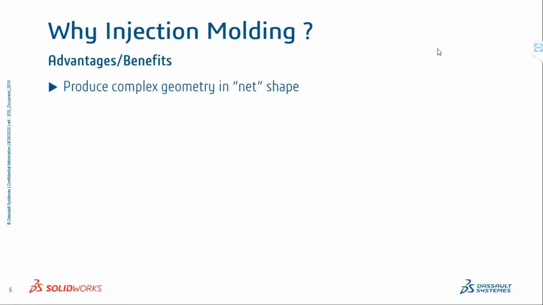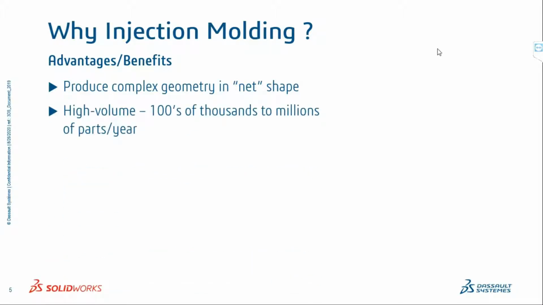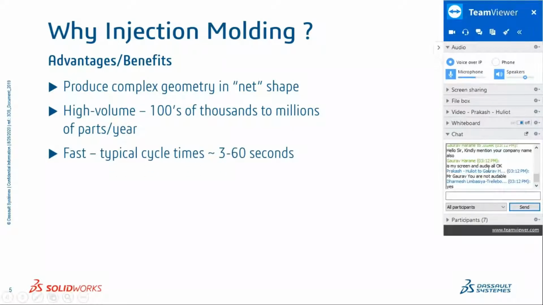Why do we go for injection molding? It is one of the very important questions, and we all are aware that injection molded parts produce complex geometry in net shape. It is basically suited for high volume production, from thousands to millions of parts per year. Its cycle time is fast, from 3 seconds to 60 seconds.